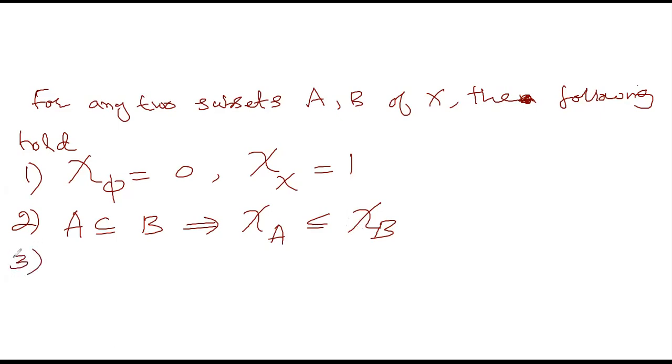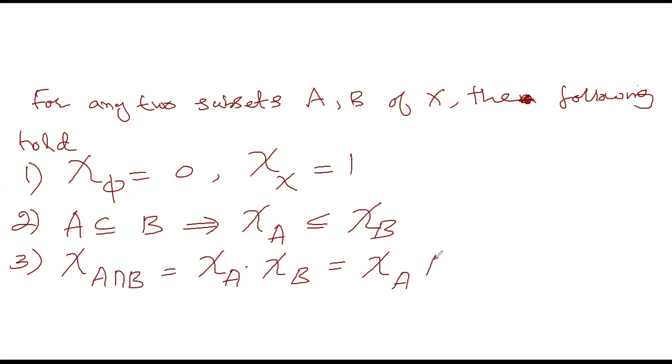Third property is chi of the intersection. Chi of the intersection is equal to the product of the characteristic functions, and it's also equal to the meet of these two functions. Fourth property is chi of union.